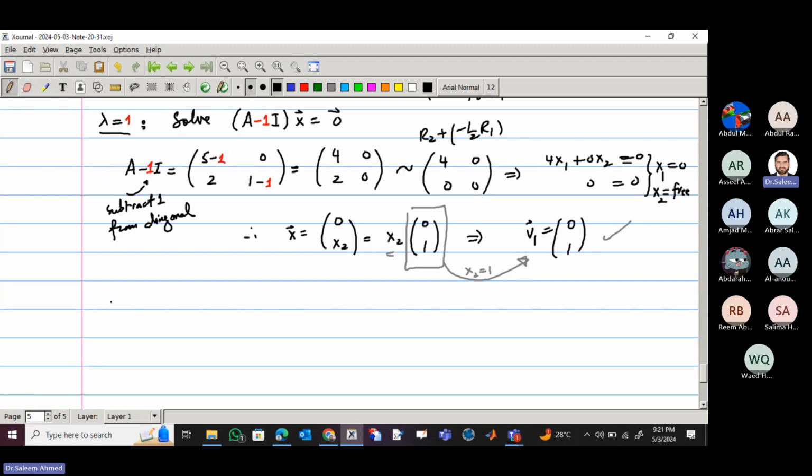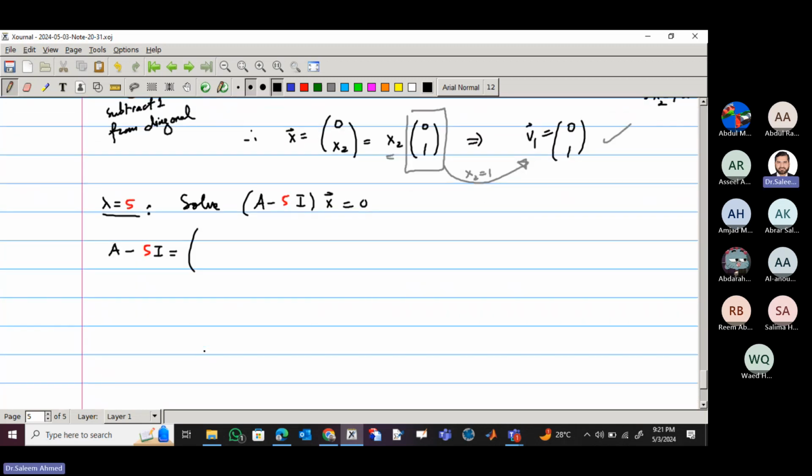Now the second eigenvalue is 5, right? So I can solve A minus 5I times x equal to 0. Lambda is 5, so I have to subtract 5. A minus 5I means subtract 5 from the diagonal.